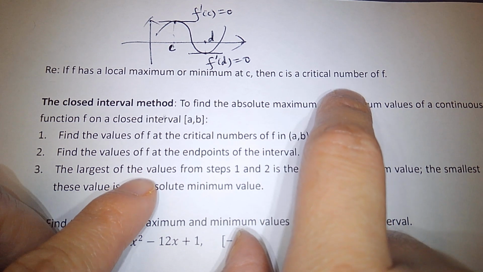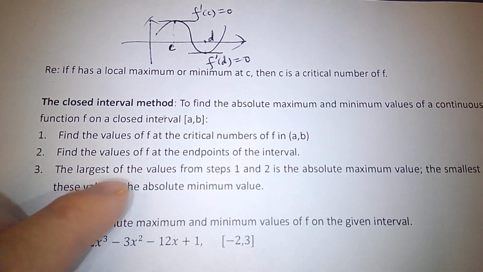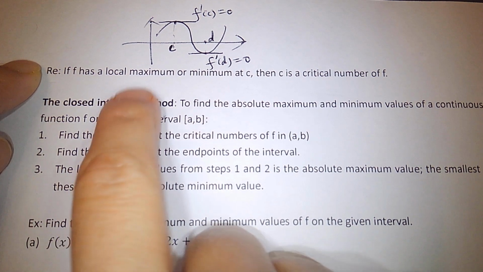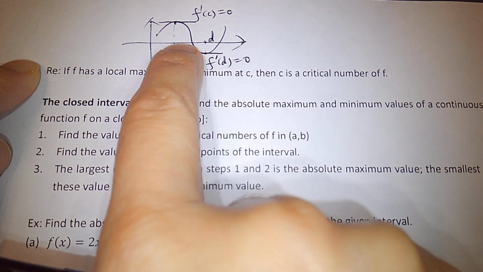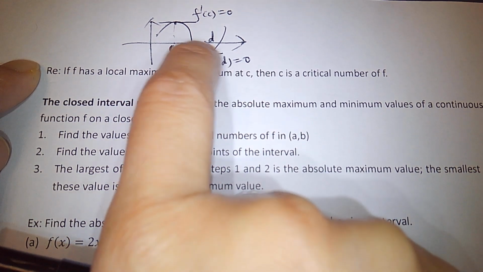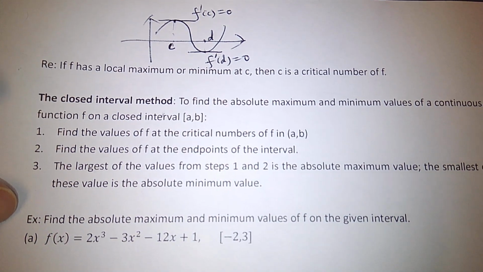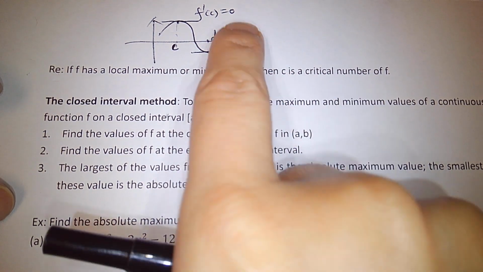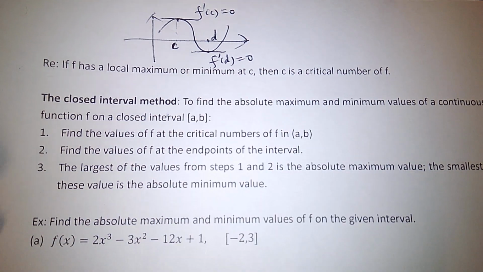You guys understand that? So this is the remark, you just need to know that local maximum and local minimum give us critical numbers, because the derivative at those numbers is 0.